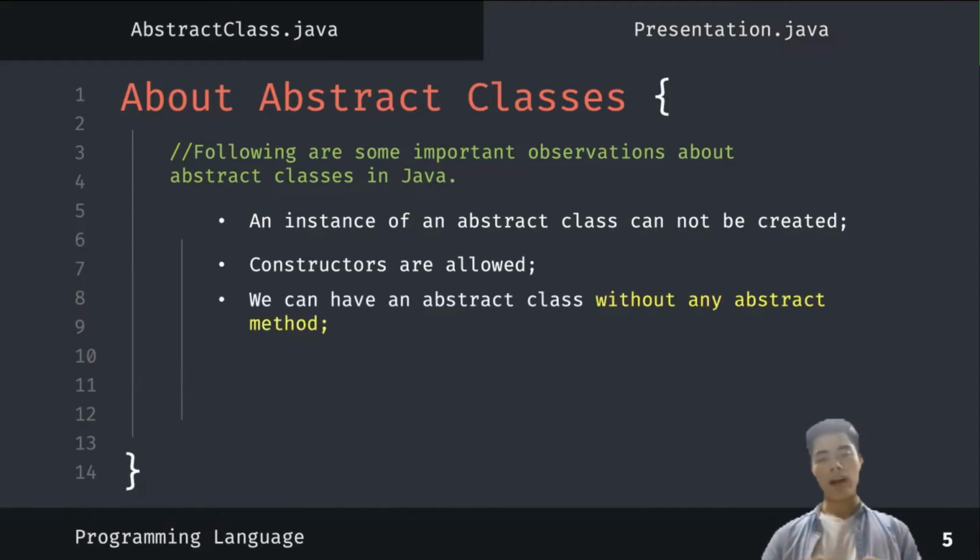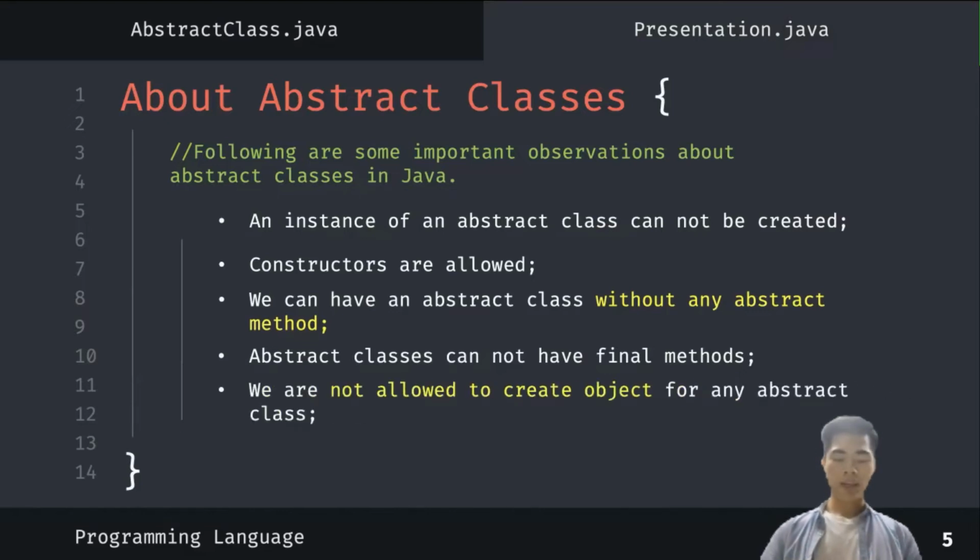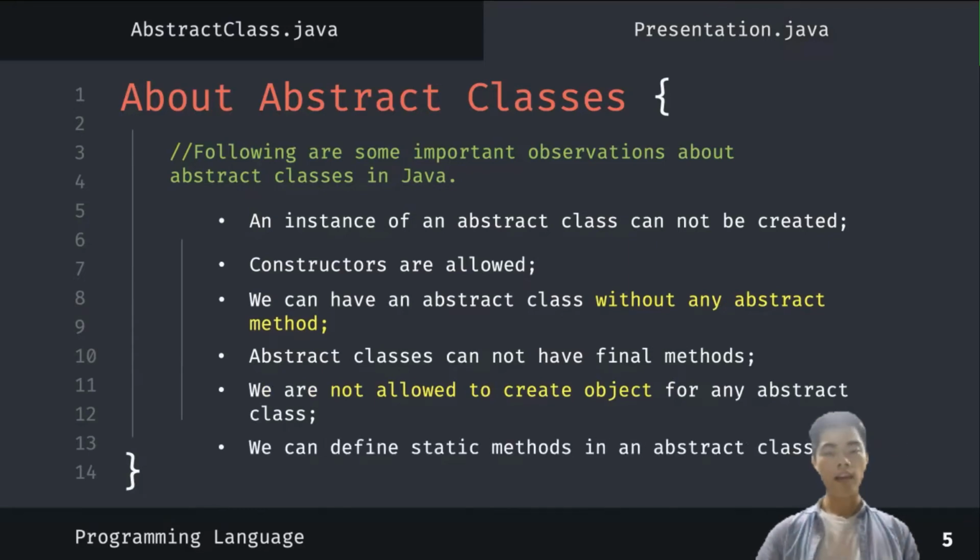We can have an abstract class without any abstract method. An abstract class can also have final methods, which are methods that cannot be overridden. For any abstract class, we are not allowed to create an object, and we can define static methods in abstract classes.